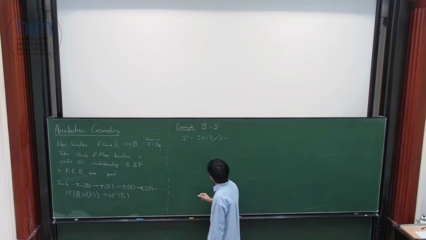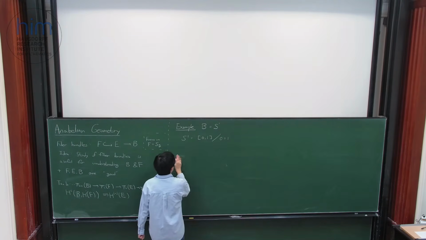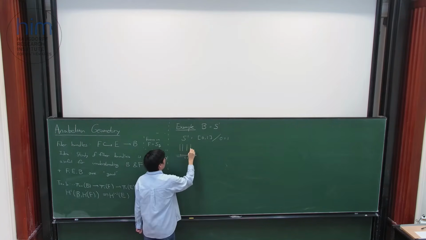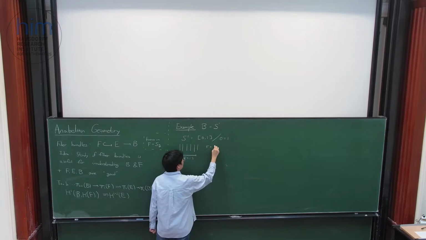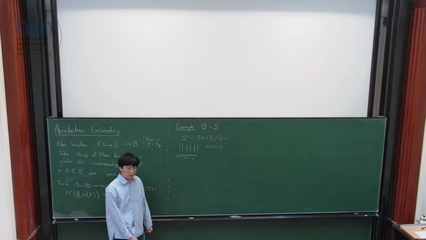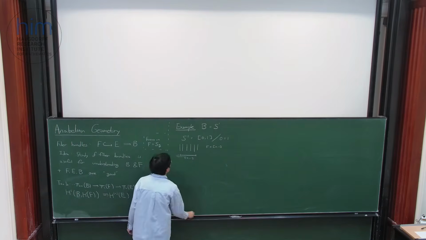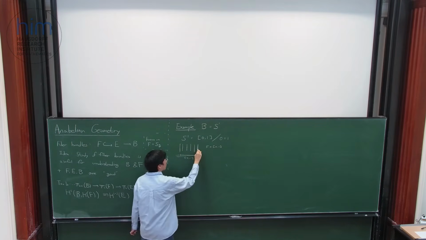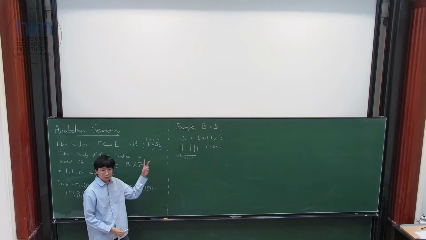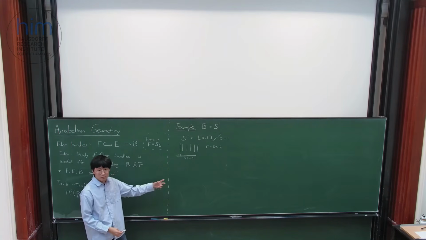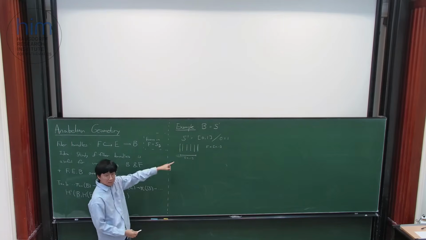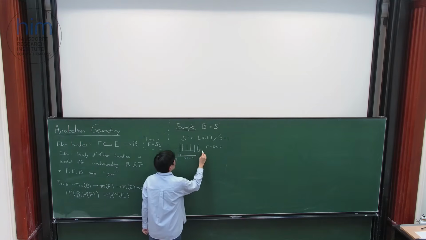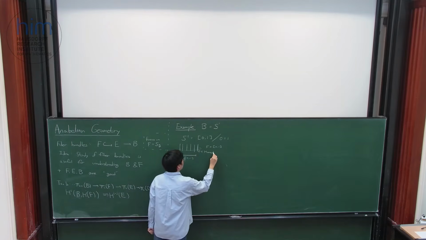So what you can do is take an interval between 0 and 1, take the constant bundle F times the closed interval, and identify the fiber at 0 with the fiber at 1. To identify these two fibers, you need a homeomorphism from F to itself, so you need a homeomorphism f which is inside this group.